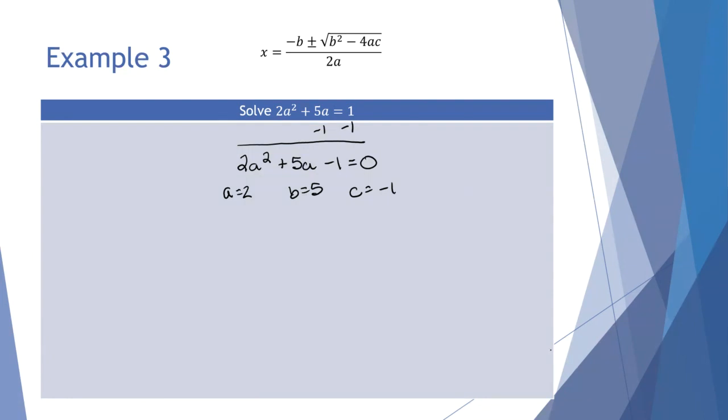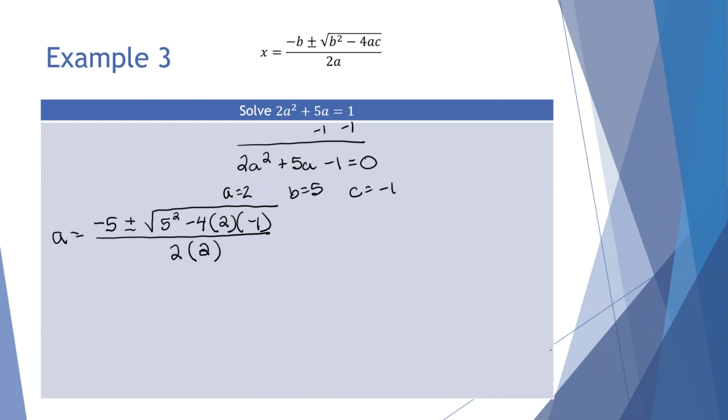So the actual variable in our equation is a, so this is going to be a equals instead of x equals. So we have negative b, and b is 5. Then plus or minus, and now we have our square root. B squared, so that's 5 squared, minus 4 times a, which is 2, and times c, which is negative 1. And then 2 times a, and a is 2.